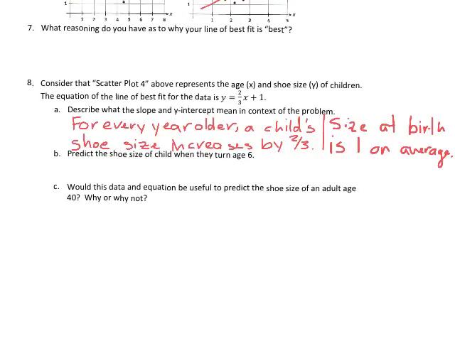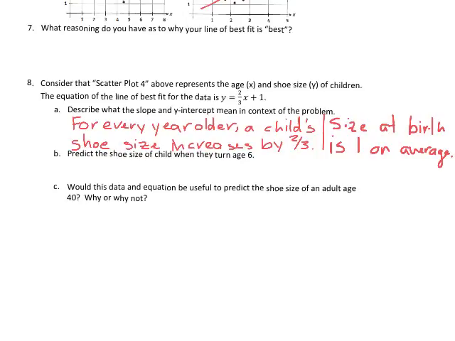All right, we want to predict the shoe size of a child when they turn age 6. So it gives me age 6. What do I do with that 6? Put it in where? X or Y? What's it tell me up in the problem?